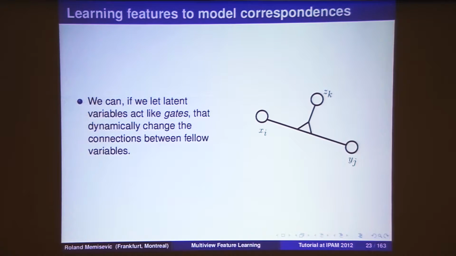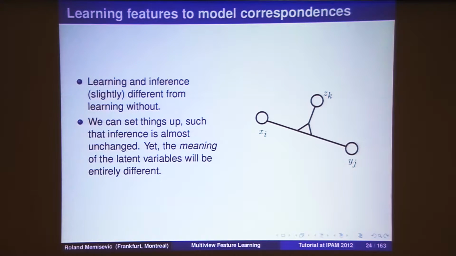It turns out we can, and the main ingredient that we need for that is some hidden variable z that differs from the hidden variables that we're used to. We need hidden variables to act as gates, it turns out, and I'm going to show why exactly in the rest of the talk. We need a hidden variable z that, when it's on, can blend in or blend out connections between other variables in a model.